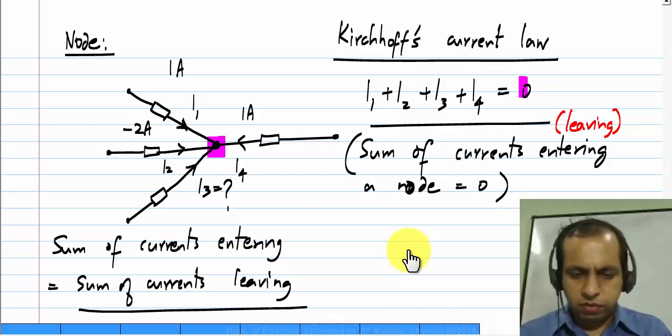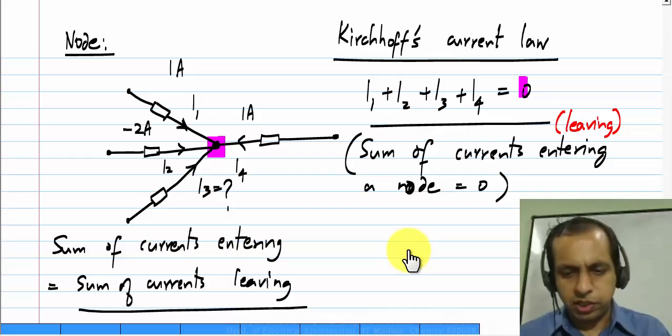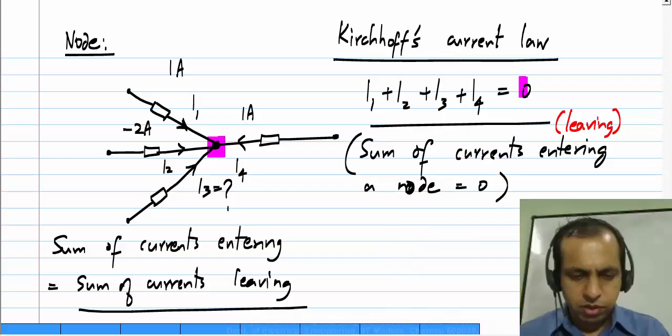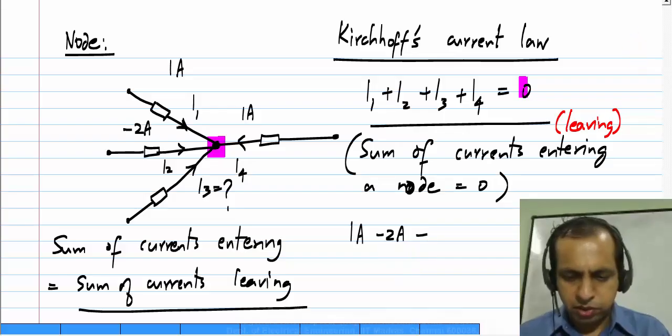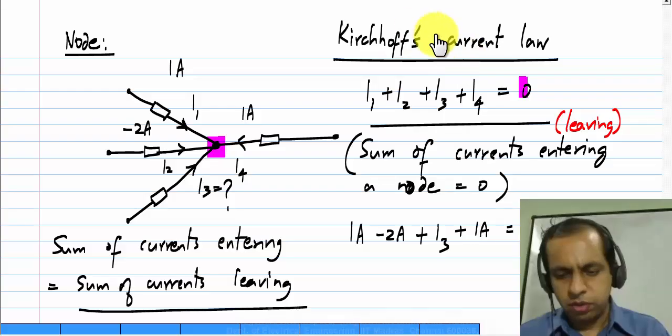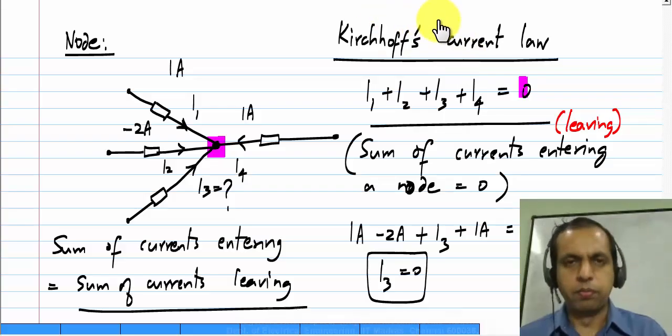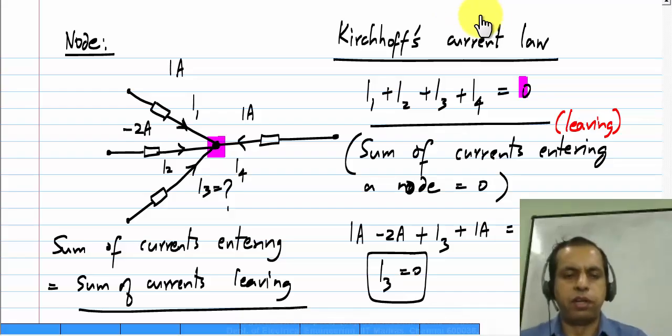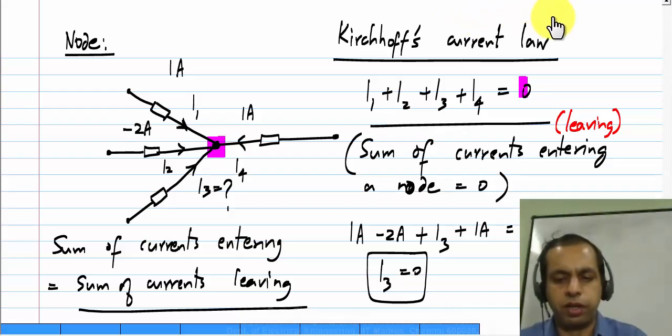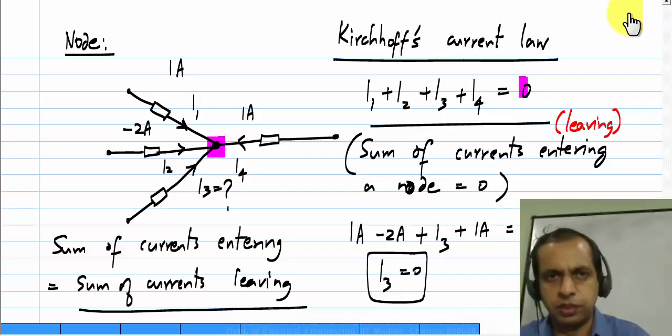We know that I1 plus I2 plus I3 plus I4 is 0. So that means that 1 ampere minus 2 ampere plus the unknown value of I3 plus 1 ampere equals 0. So this means that I3 has to be equal to 0. And for different numerical values of I1, I2 and I4, you will get different values of I3.